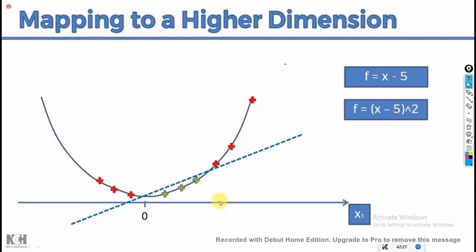After increasing to a higher degree, it will apply the linear regression. First it will increase the degree to 2, 3, 4, 5. At any one degree, the linear SVM will work, and at that time it is going to use that one.